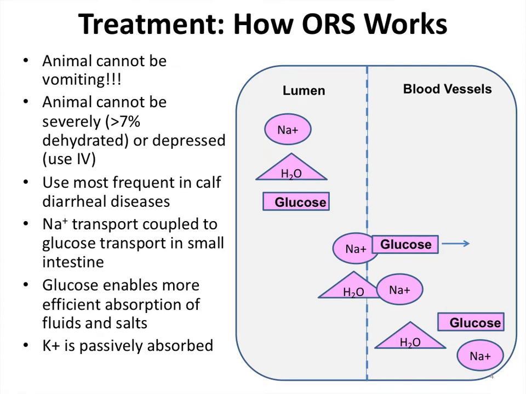In addition, this gets a little bit of energy into the animal that helps facilitate sodium transport by sodium potassium ATPase. So glucose is enabling a more efficient absorption of fluids as a result of the absorption of sodium. Potassium that's in these solutions is passively absorbed, but because an animal with diarrhea can lose potassium in the diarrheal fluid, it is certainly indicated as well.